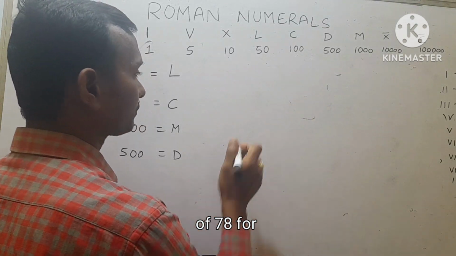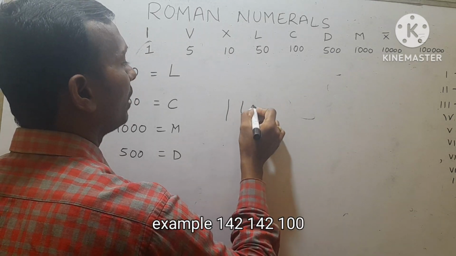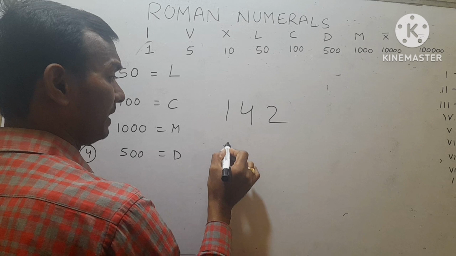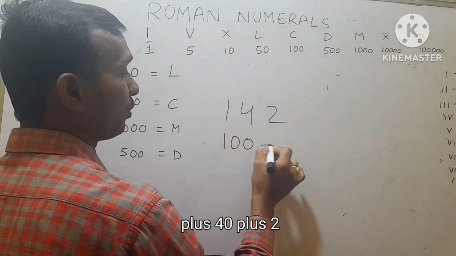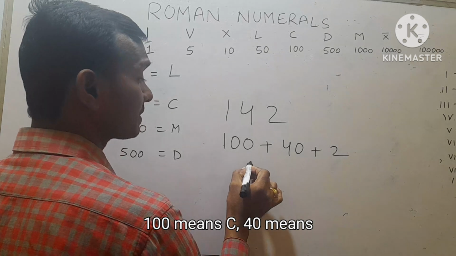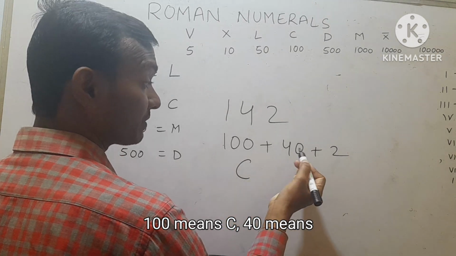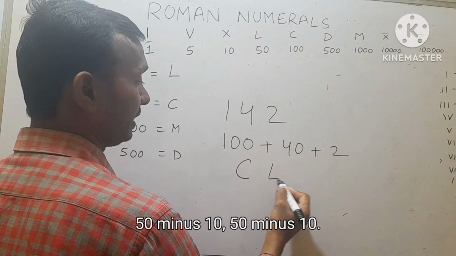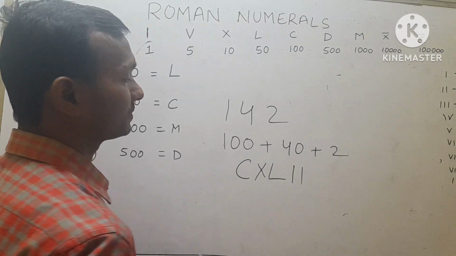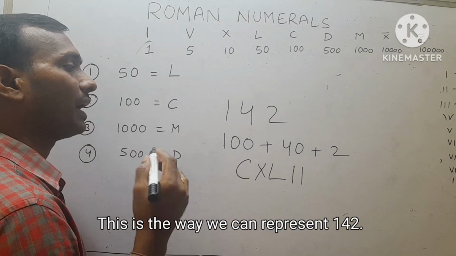For example, 142. 100 plus 40 plus 2. 100 means C. 40 means 50 minus 10. 2 means II. This is the way we can represent 142.